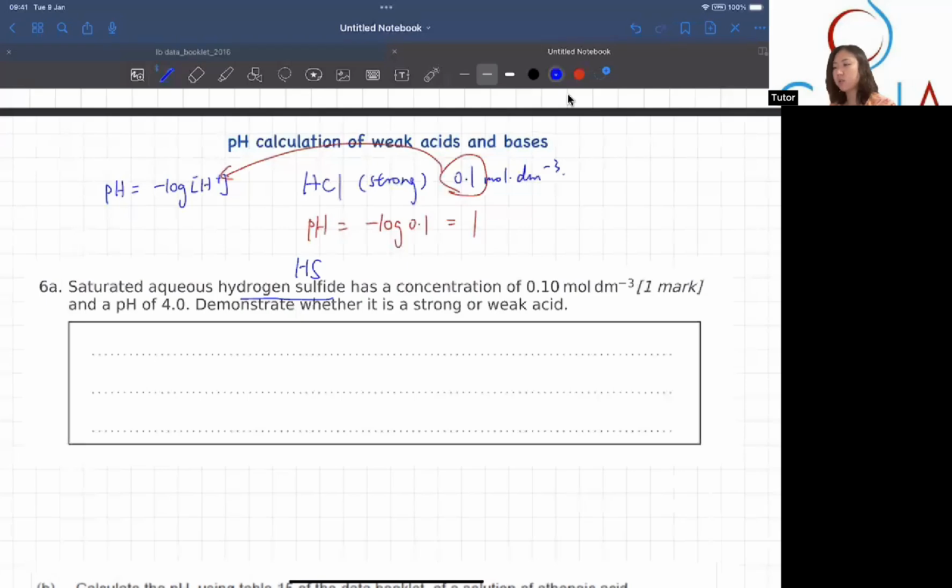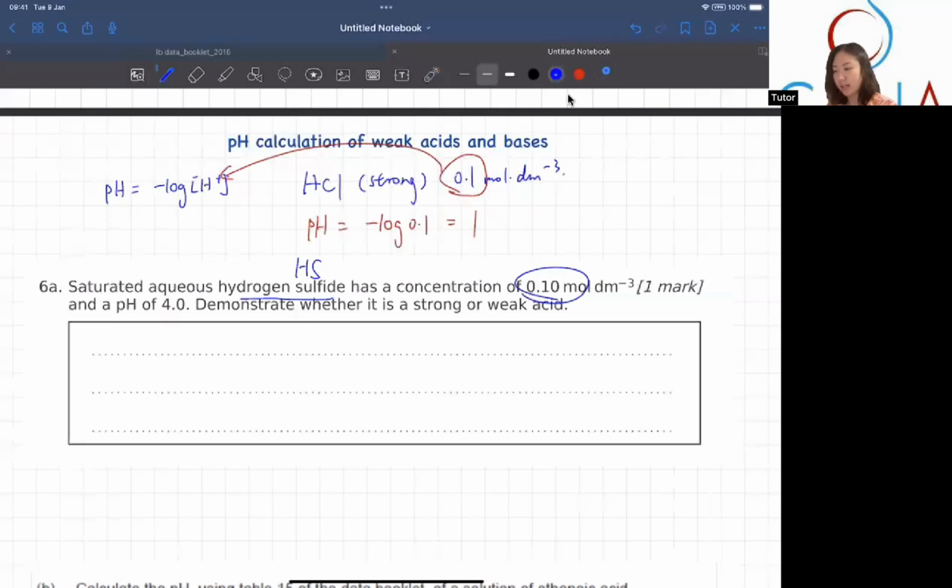So let's assume that if it's a strong acid, and we try to calculate the pH from the concentration of this hydrogen sulfide, you should notice that this would be the same as HCl, but the pH is 4 instead of 1.